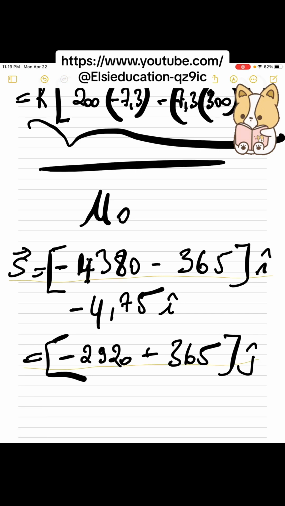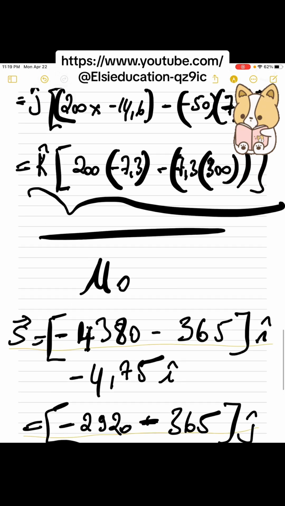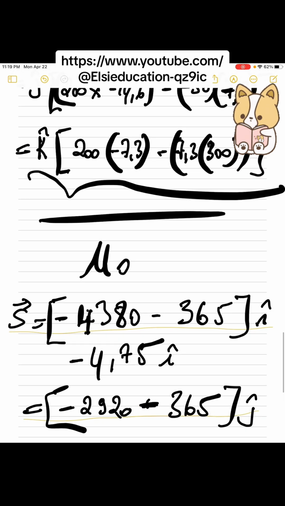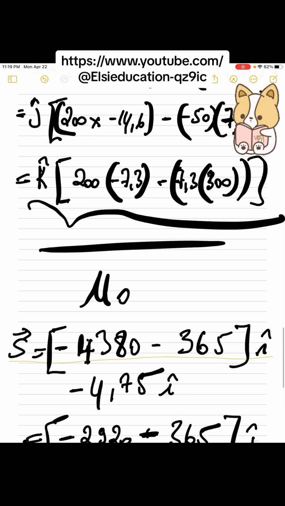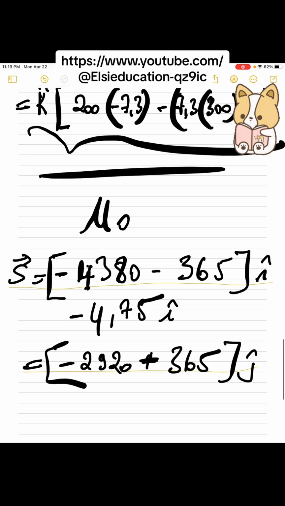This one is minus actually. No, this one is plus. Plus 365 minus 255.